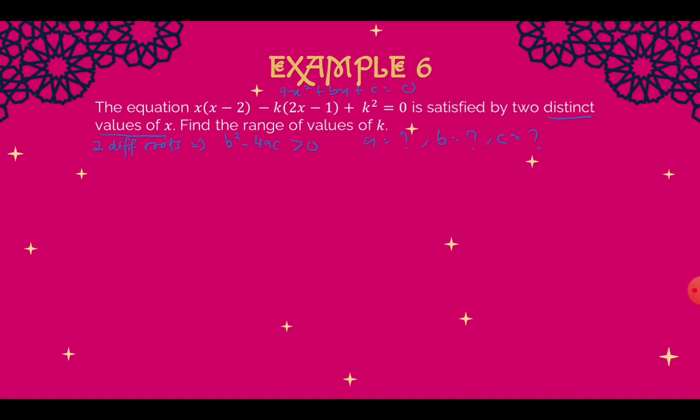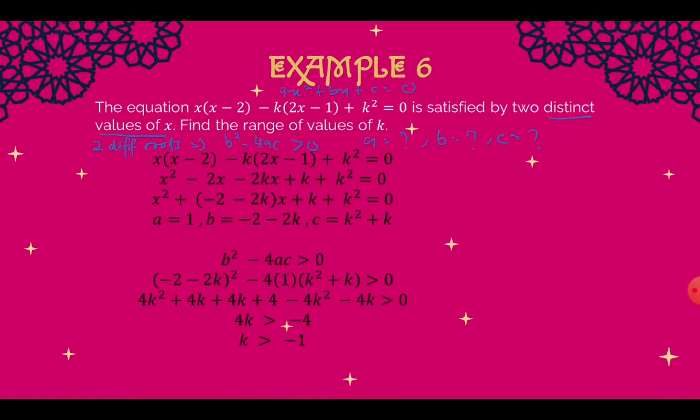What I did here is expand the original equation so that at last we have x squared plus negative 2 minus 2k of x plus k squared equals 0. So we have transformed it into ax squared plus bx plus c equals 0.